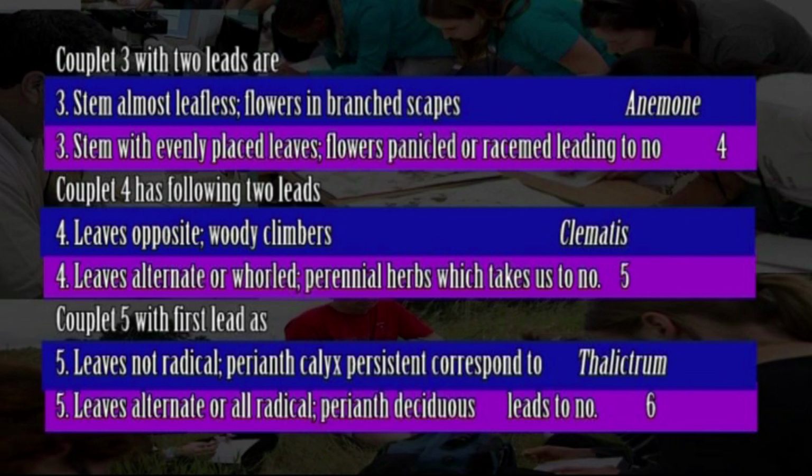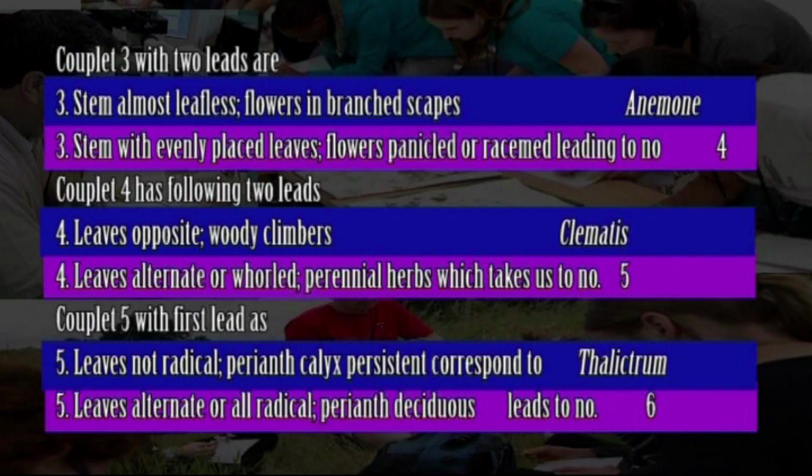Couplet 4 has the following two leads: leaves opposite, woody climbers, which signify Clematis, and leaves alternate or whorled, perennial herbs, which takes us to couplet 5.